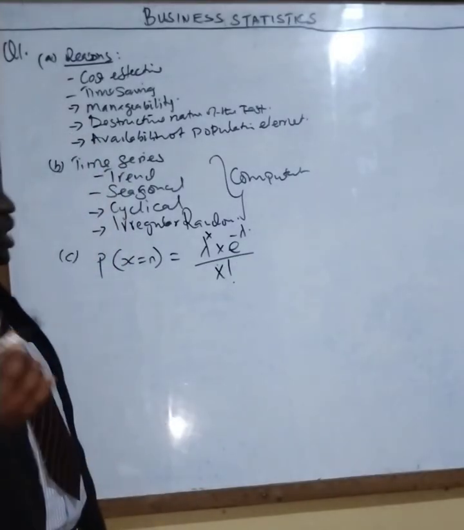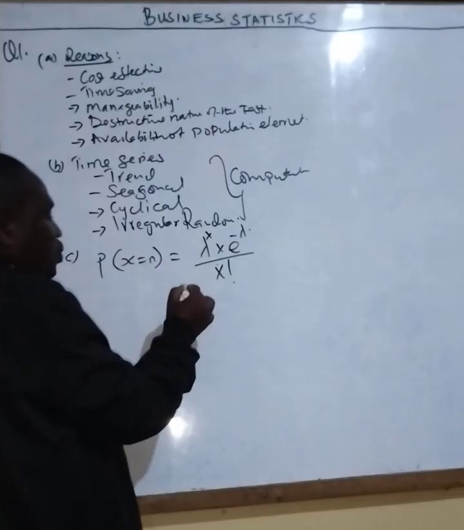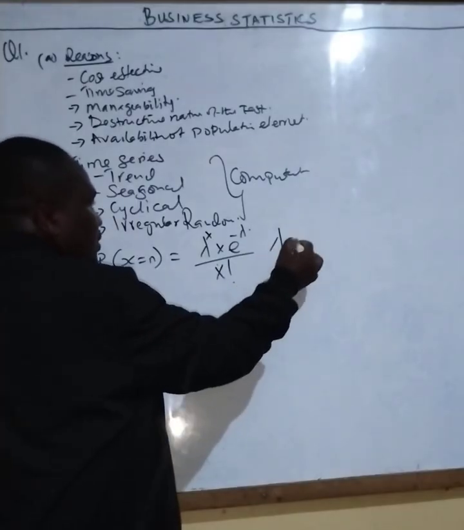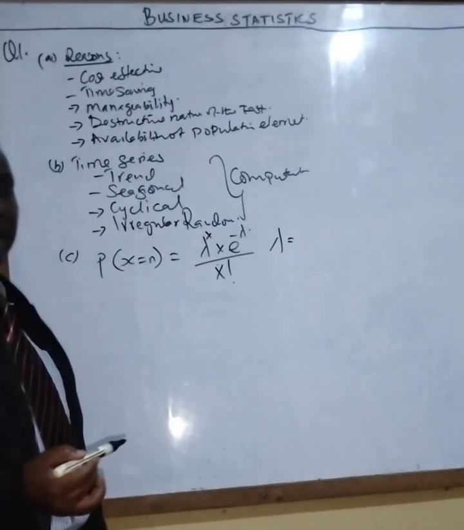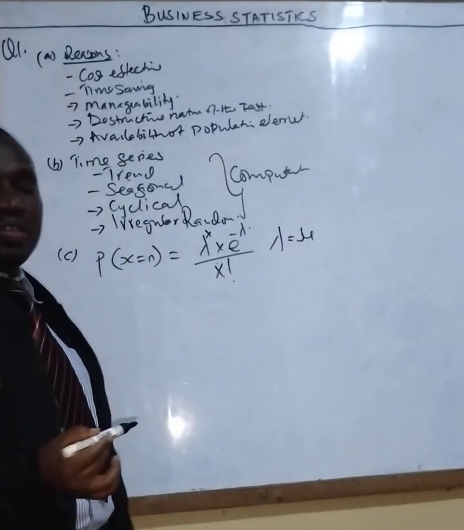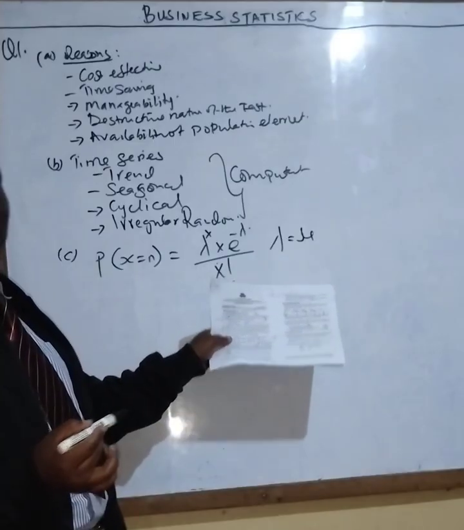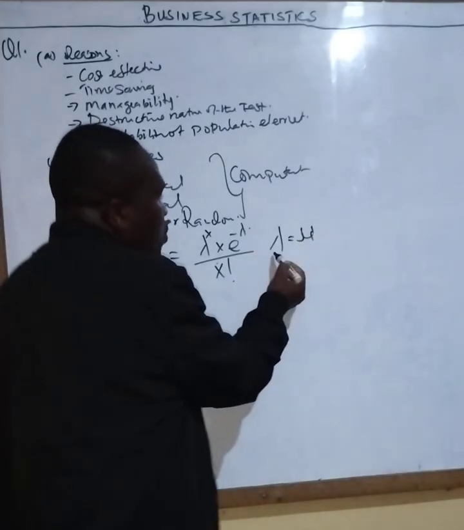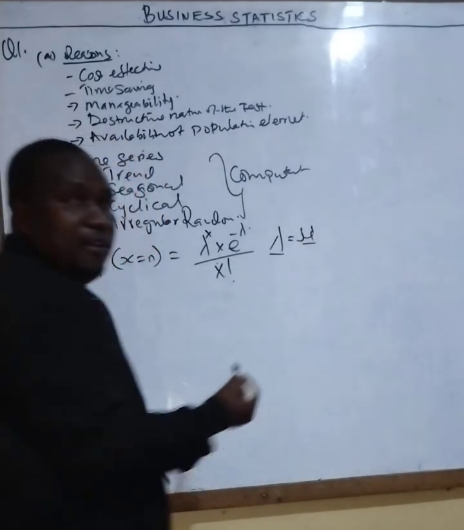In our video, we said this sign, lambda, stands for the mean, the same as the mean in our central tendency measurement. So when you see lambda, it means mean.